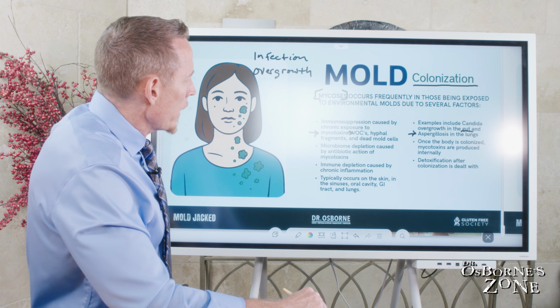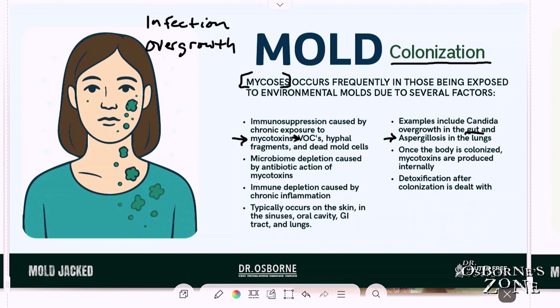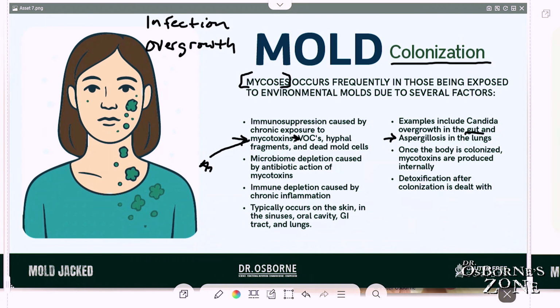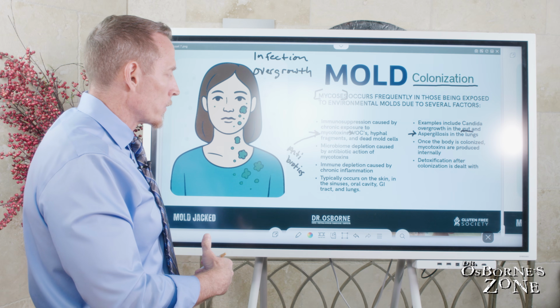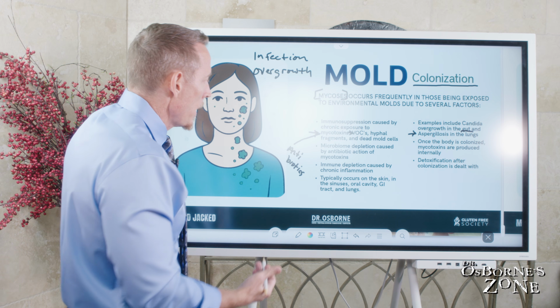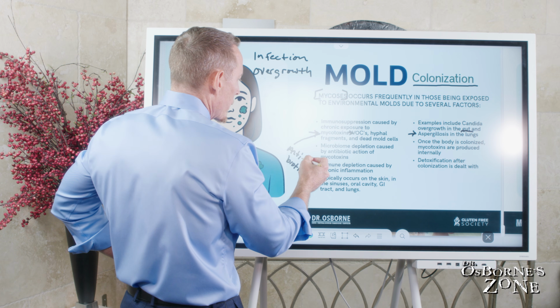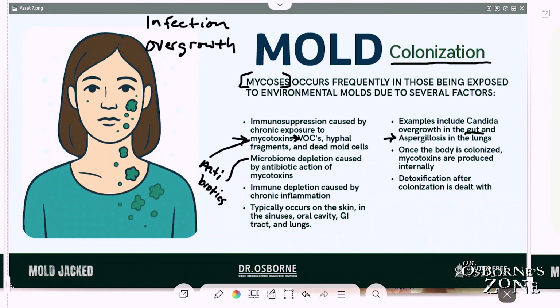We also know, as an example here, mycotoxins specifically are antibiotics. I mean, this is what penicillin is. If you've ever taken the antibiotic penicillin, it's a mold toxin. It's derived from the mold Penicillium. And so these antibiotic properties of mycotoxins will deplete the microbiome, which is your healthy flora in your GI tract.